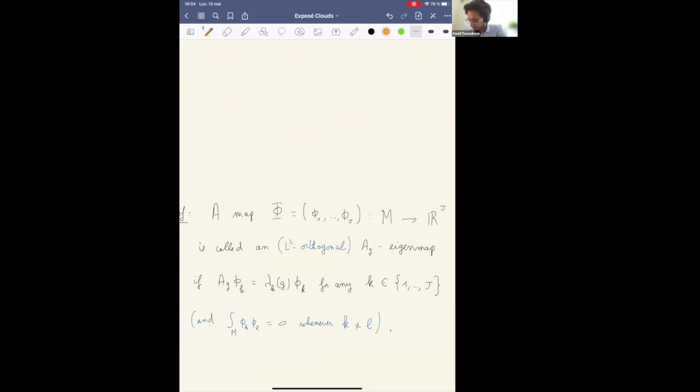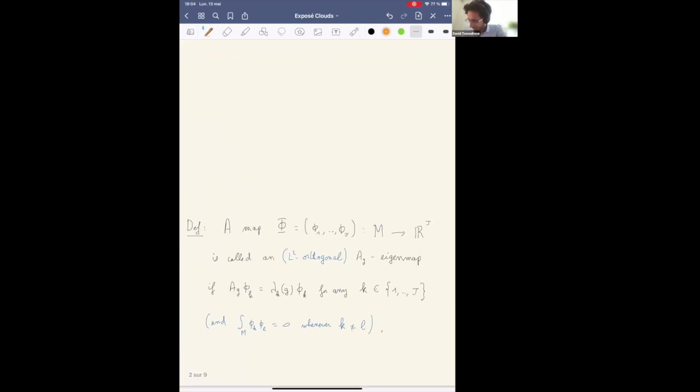So what I call an eigenmap here is the following. It's a map φ from the manifold to some Euclidean space of dimension J, and it is called an Ag-eigenmap. Remember, Ag is the operator I consider on the manifold.